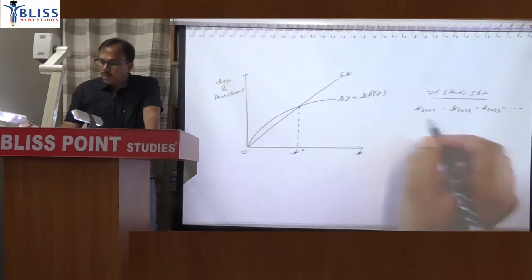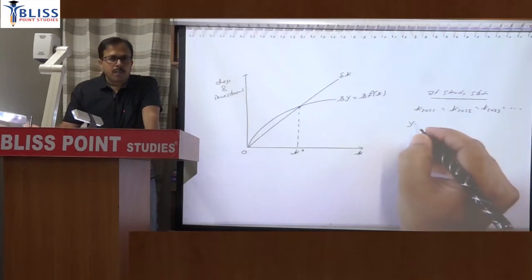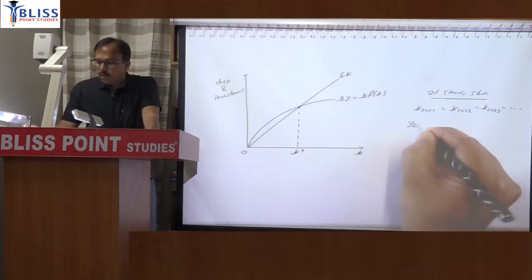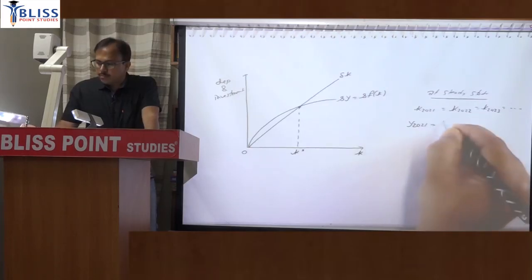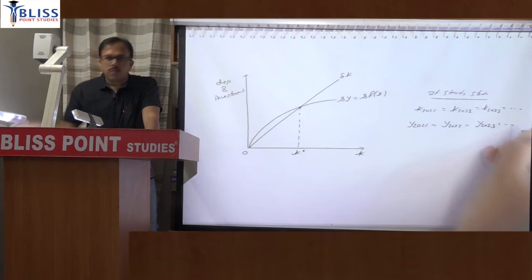But if K is constant, then Y, that is GDP per capita, which is a function of K, will also remain constant.